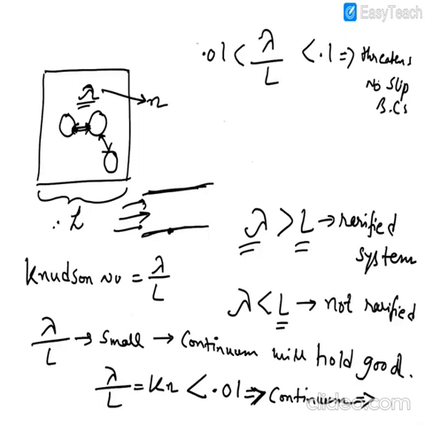And if it is from 0.1 to 10, then there is a transition, when there will be a chance of slip boundary condition. Whenever you go towards the wall, you will see that the fluid will try to slip. That's when we cannot apply the well-known differential calculus, where we cannot represent the property as a continuous function of space.